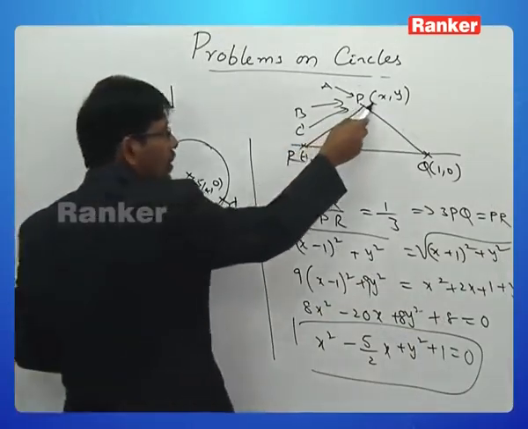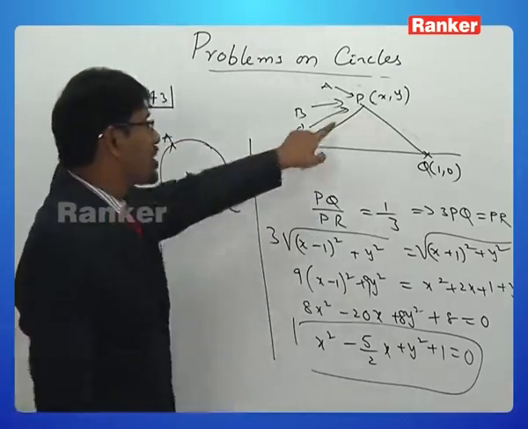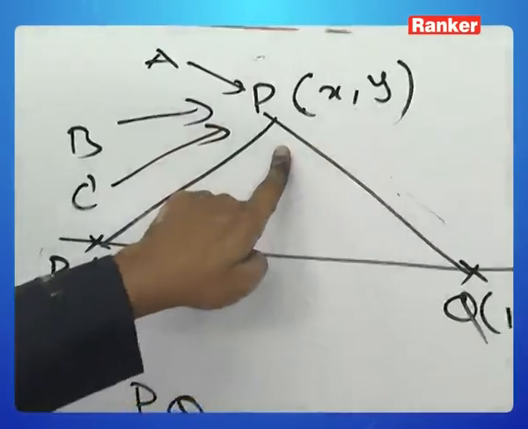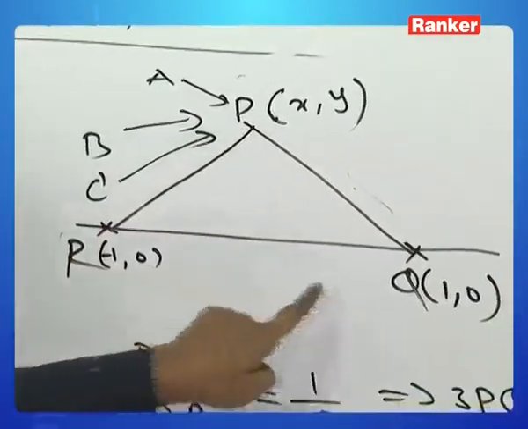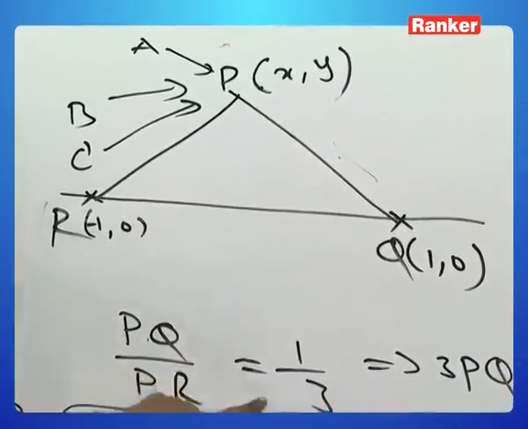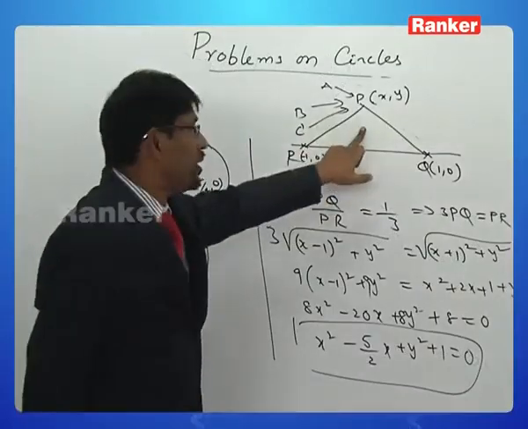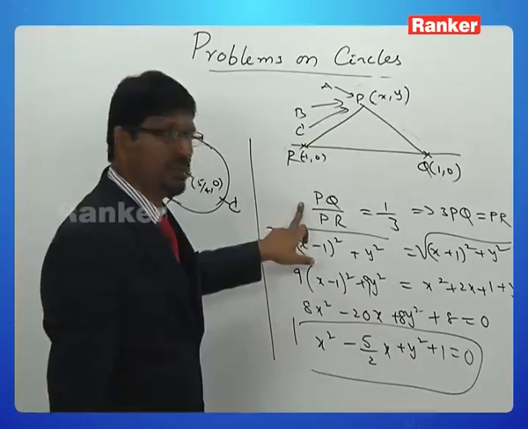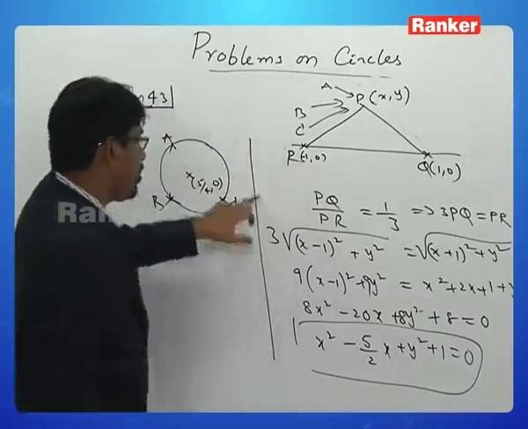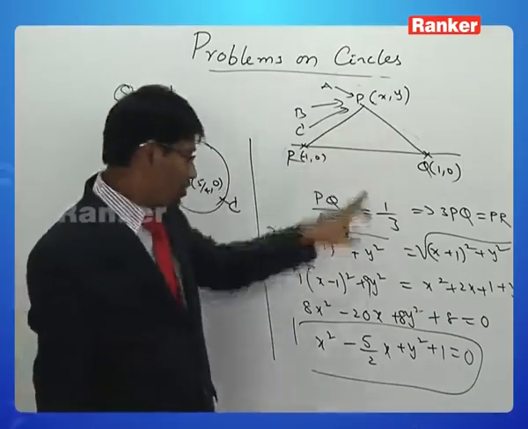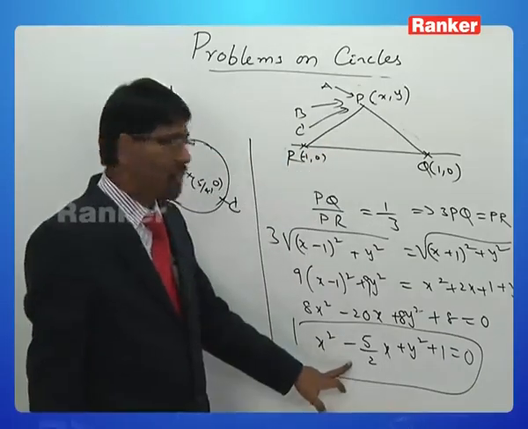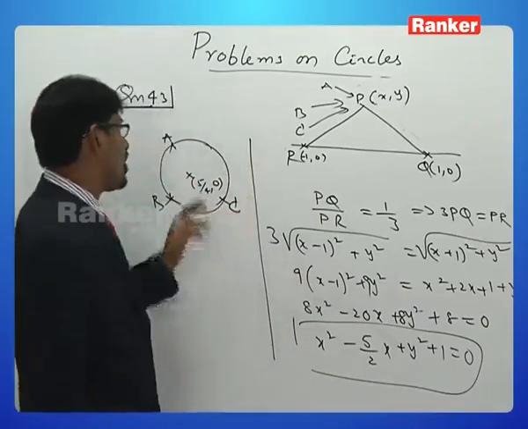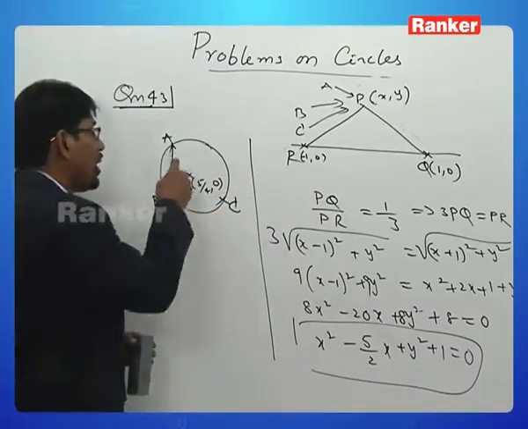So we found the locus of a point P such that PQ by PR is a constant, that is 1 by 3. What we are given in the problem is that A, B, C all satisfy this condition. But what is the locus we have found? That locus is the circle, so that actually has to be the circumcircle of the triangle ABC.